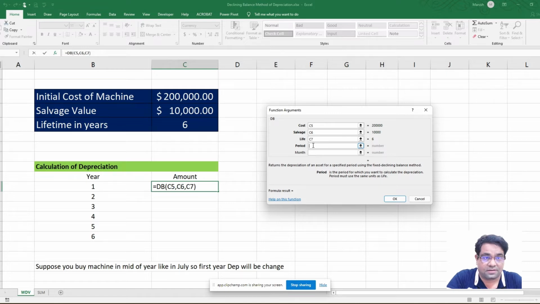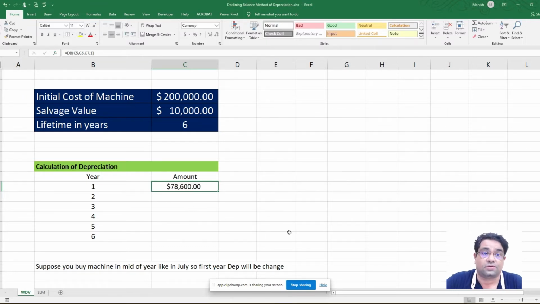This is for the first year, so we are taking 1. No month. Press OK. First year depreciation will be $78,600.